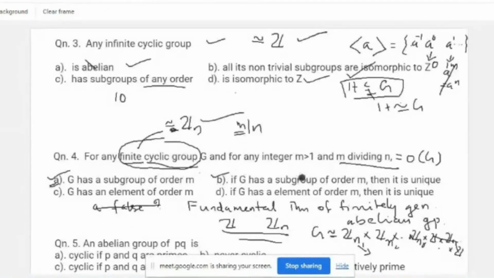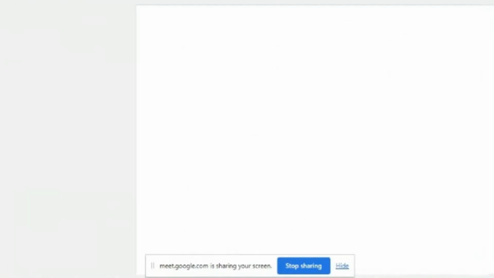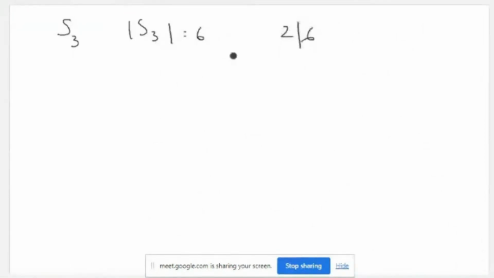Not generally true. For example, if we look at S3, the order of S3 is 6. Okay, 2 divides 6. You can see that there are 3 subgroups of order 2 in S3.